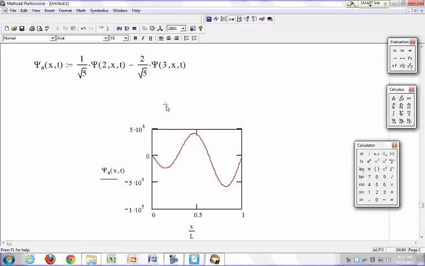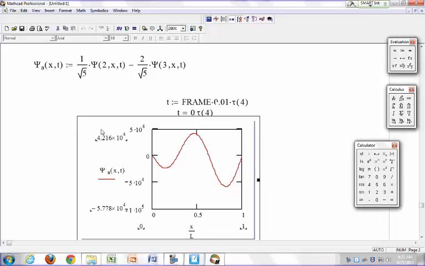And so I'm going to advance my time. I'm just going to go again. Same thing, frame times 0.01 times. I'm just going to use the period for tau of 4, okay, for n equals 4. And I'm going to say t equals something times tau of 4. Okay.